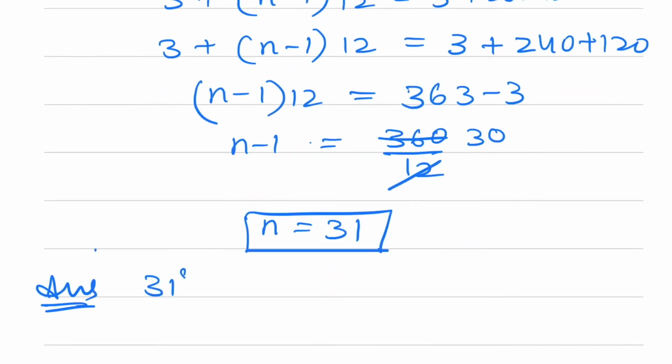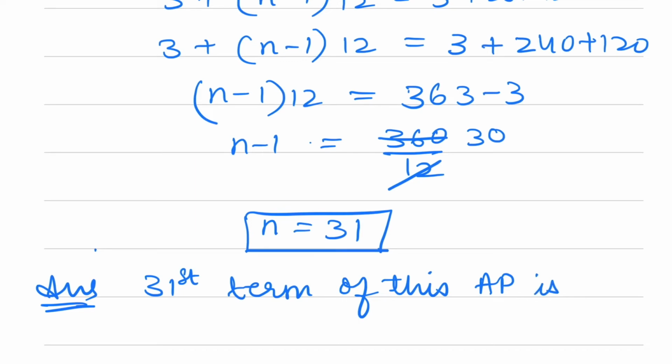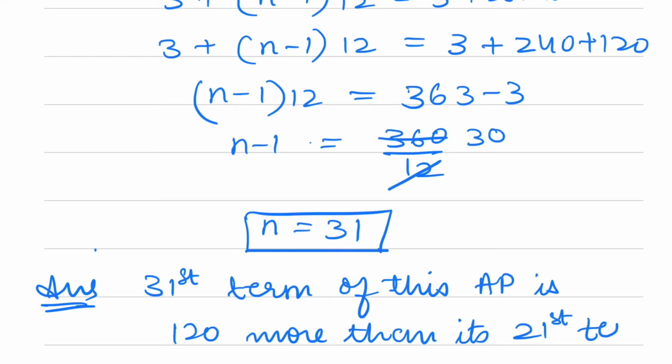Answer: the 31st term of this AP is 120 more than its 21st term.